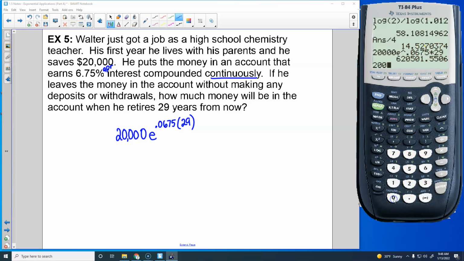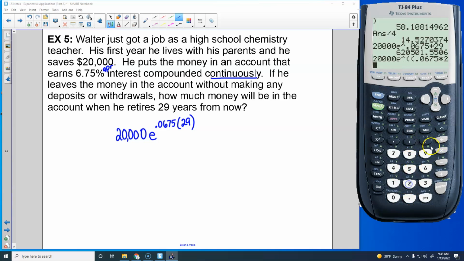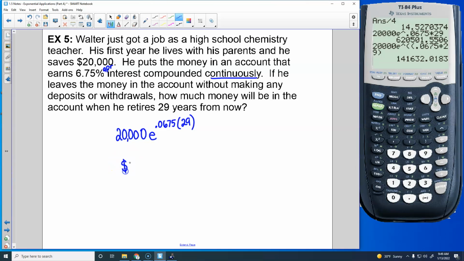So 20,000 e to the, let's do some parentheses, 0.0675 times 29. That's better. That's the answer. So we get, he would have $141,632, and let's round that to cents because we're talking about money, so 2 cents.